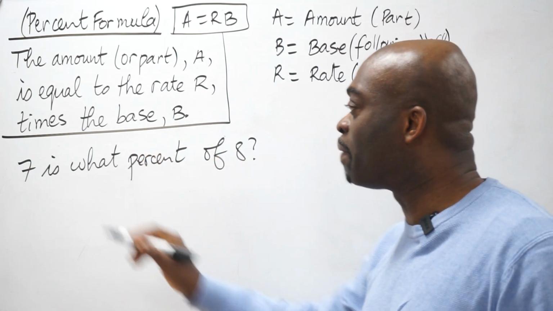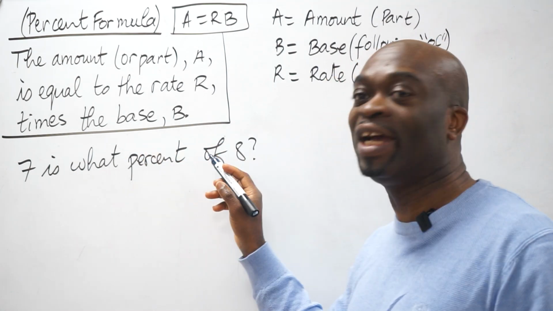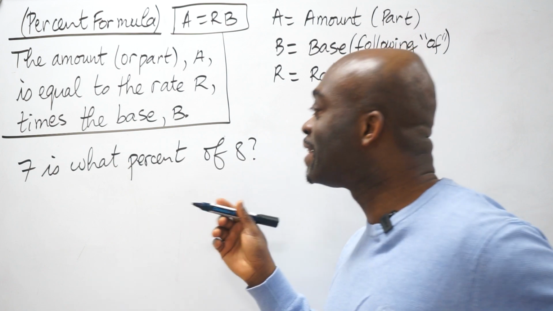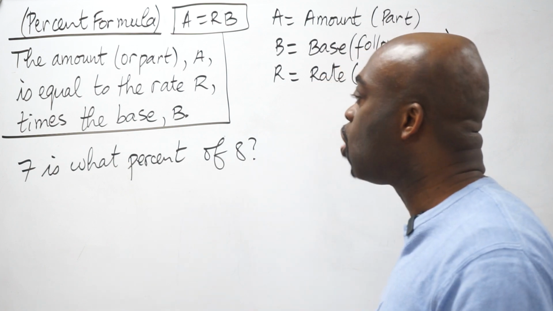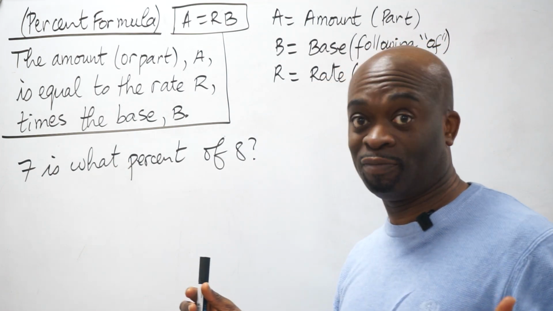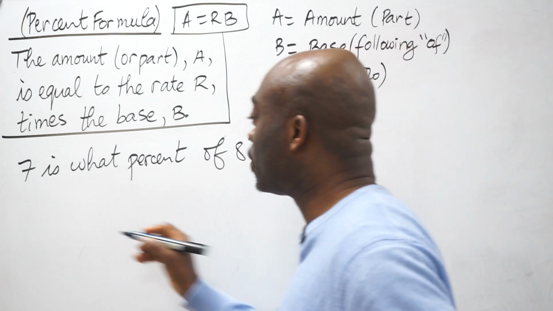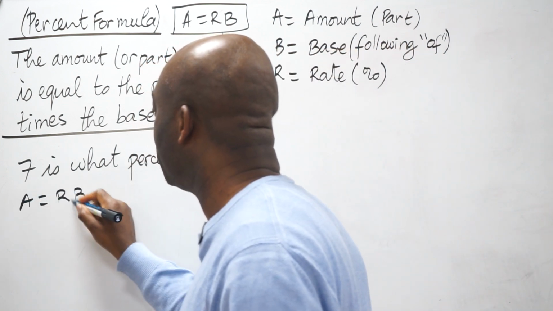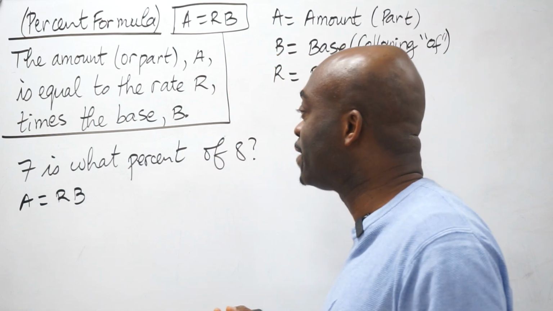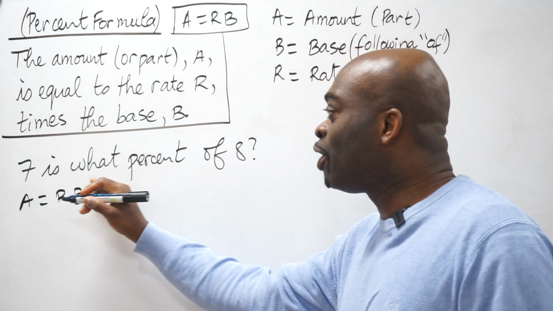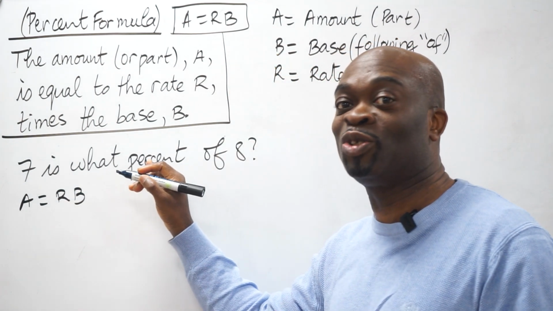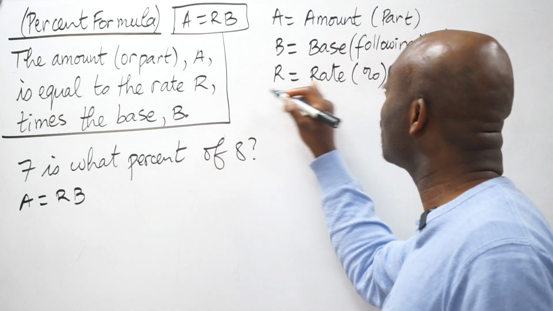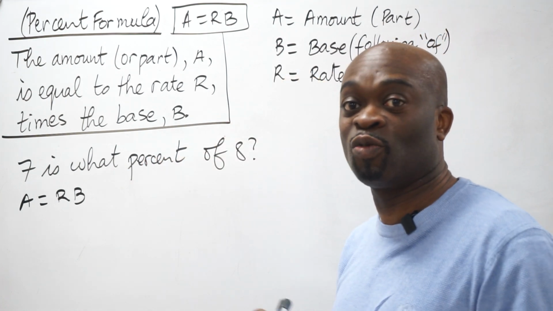So let's go for the problem. 7 is what percent of 8? What do we know? The first thing we have to do is put down the formula, A equals RB. In this case we don't have any number with the percent, so we do not have the rate. What do we have?